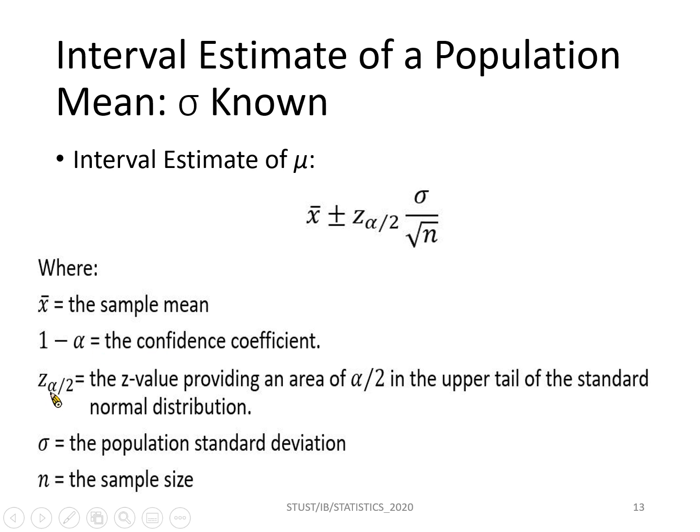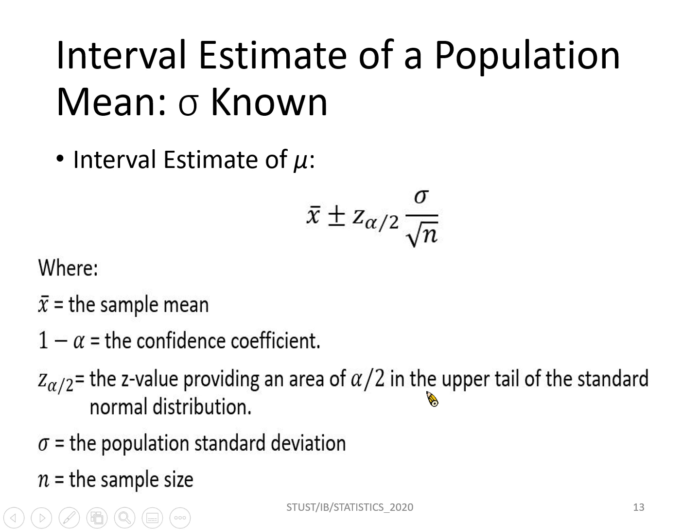The z value with the probability alpha divided by 2 means the z value that provides an area of alpha divided by 2 in the upper tail of the standard normal distribution.